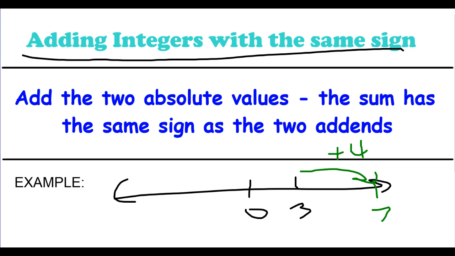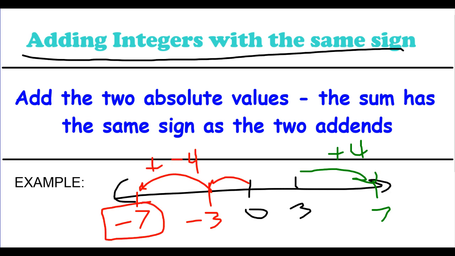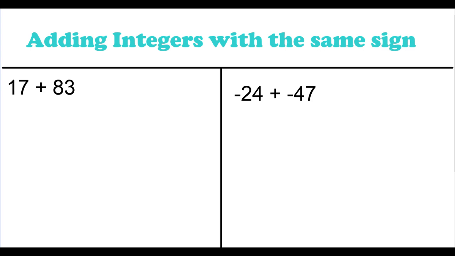When we have two negative numbers, we're doing the same thing. There's negative 3. We want to go another negative 4 units from 0, which takes us a total of 7 away, but it's negative, so it's negative 7. Because when we add two negative numbers, if we keep moving in the negative direction, we can never get back to the positive end. So to add integers with the same sign, we add the two absolute values, and the sum has the same sign as the two addends.